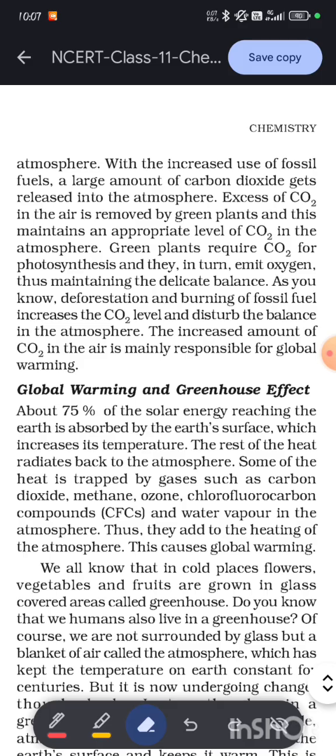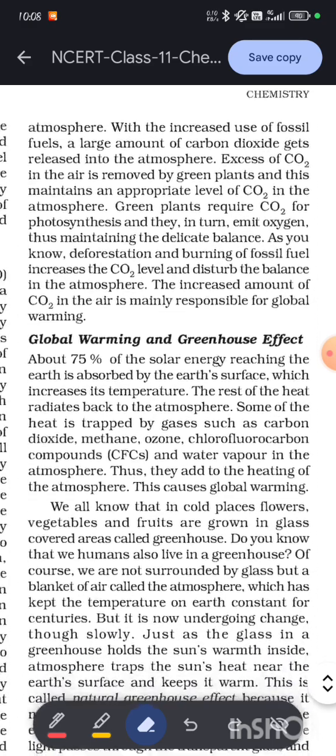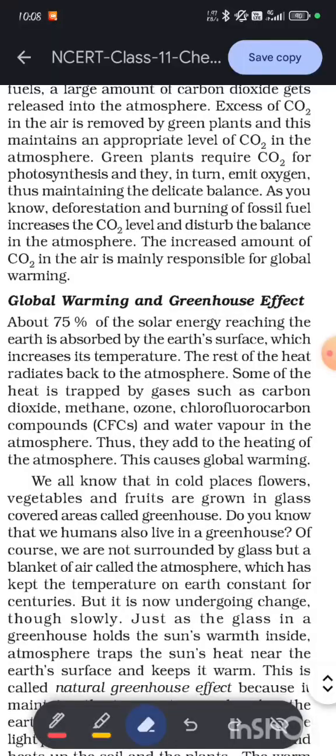Green plants require CO2 for photosynthesis, and they in turn emit oxygen, thus maintaining the delicate balance. As you know, deforestation and burning of fossil fuel increase the CO2 level and disturb the balance in the atmosphere. The increased amount of CO2 in the air is mainly responsible for global warming.